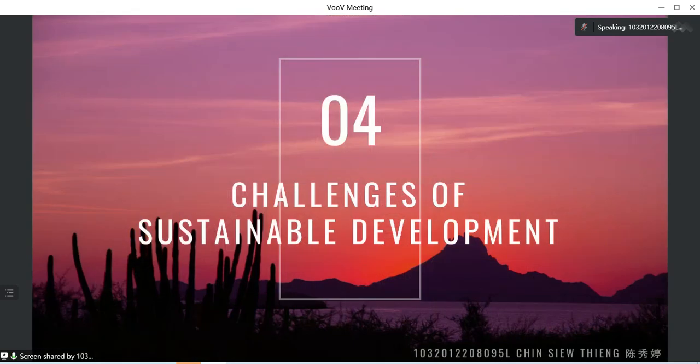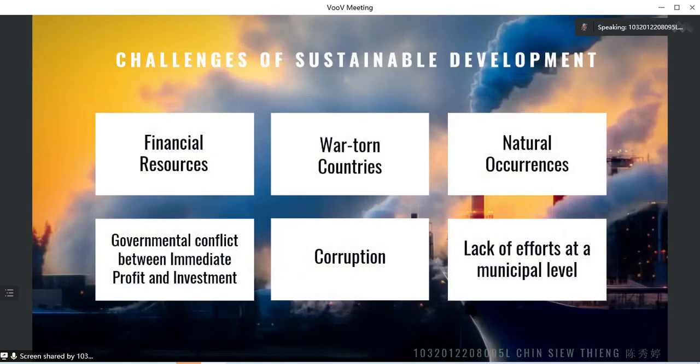And this is the last part, challenges of sustainable development. There are mainly six. I don't think there are only these six, there may be more, but the biggest are these six.